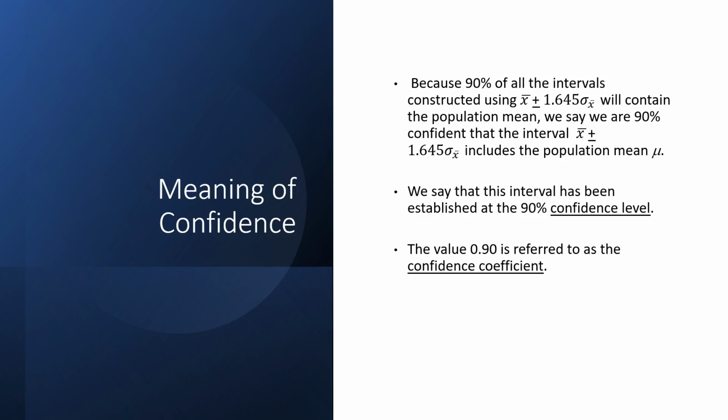And so when we're talking about confidence, what it means is that 90% of all the intervals constructed using my sample mean plus or minus my z-value times the standard error of my mean are going to contain the population mean. We can say that we are 95% confident that this interval is going to include my population mean. And so we call that 90% our confidence level, and the value of 0.90 is our confidence coefficient.